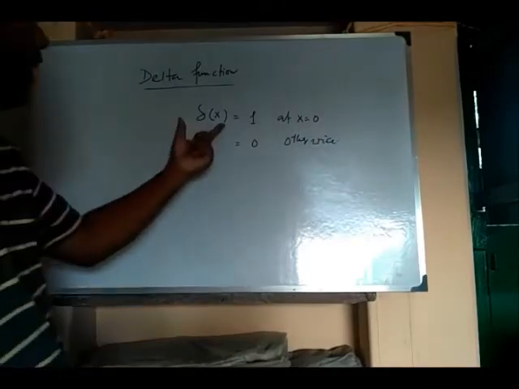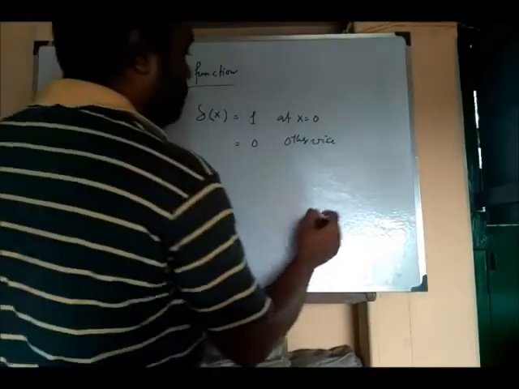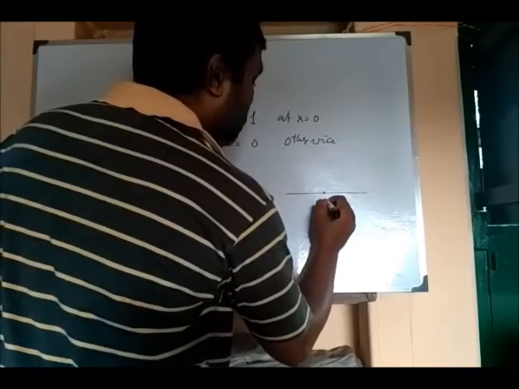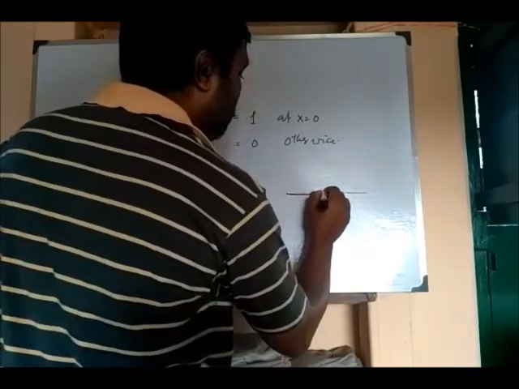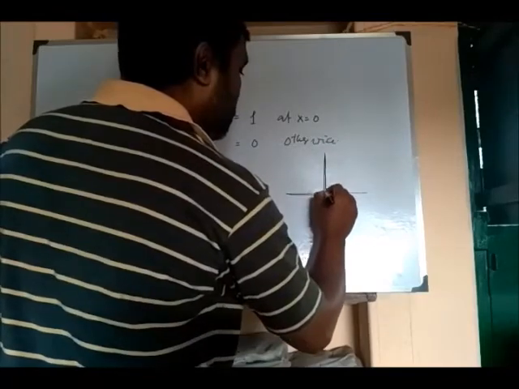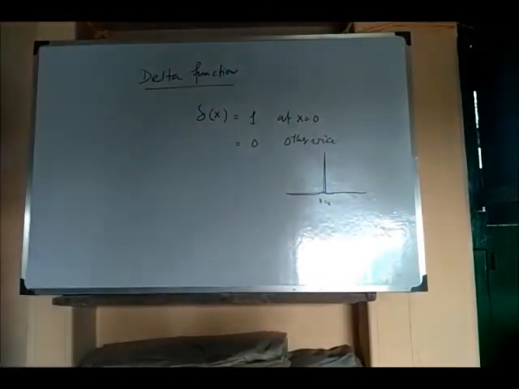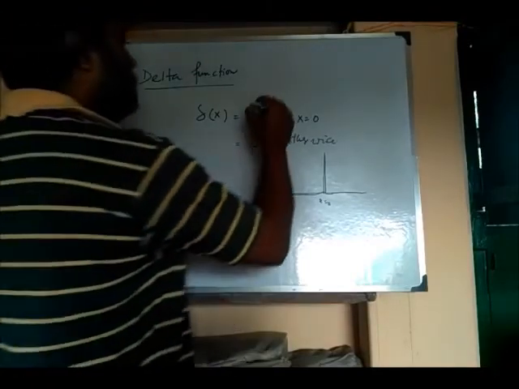So if you draw the curve of this delta function, what you will get is that in the vicinity of x equal to 0, the function gives a sharp rise, and on both sides this becomes 0.